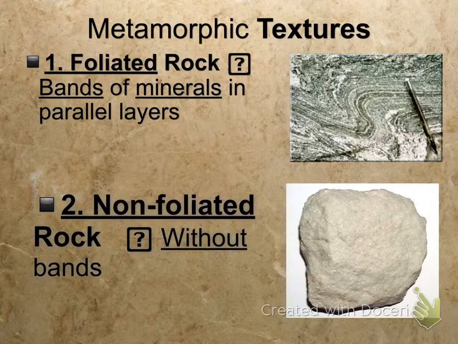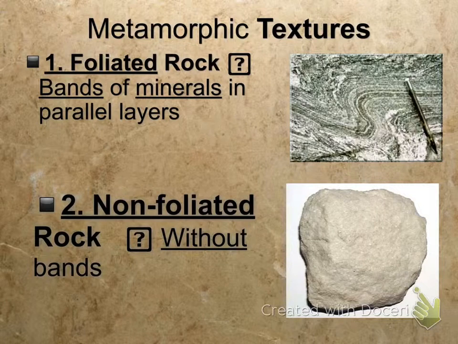There are two textures that we look at when we talk about metamorphic rocks. So when identifying metamorphic rocks, we look at the texture first. And this is a pretty easy one. It's foliated or non-foliated. Foliated means it has bands of minerals in parallel layers.